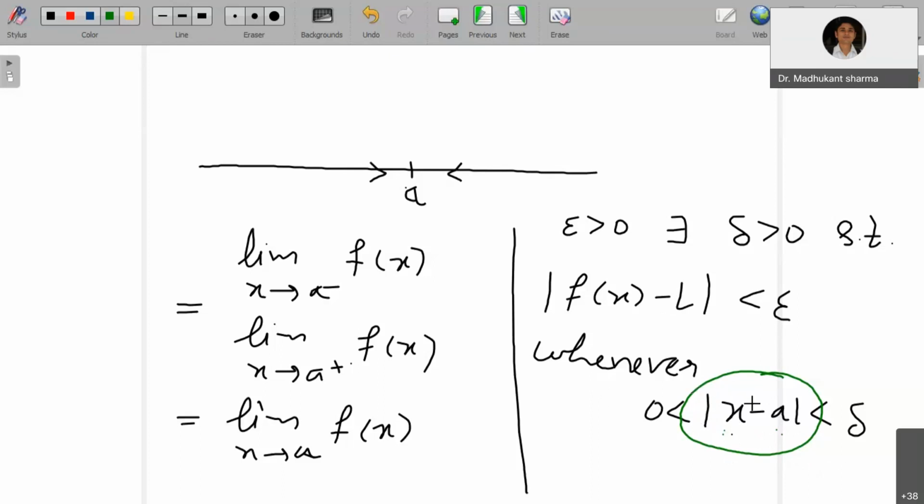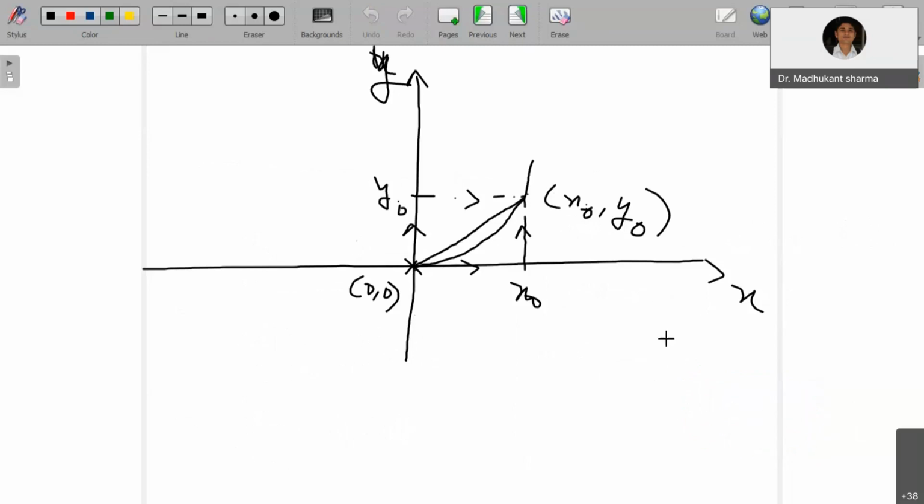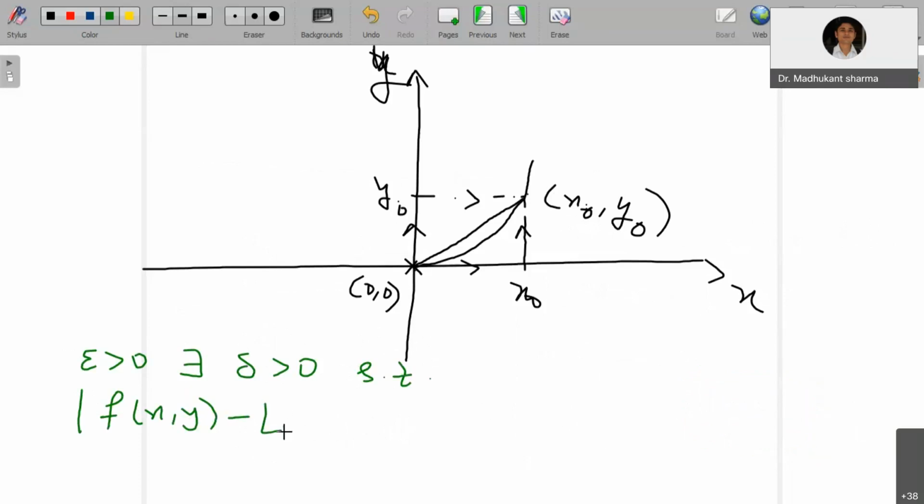I am not going into that, but what I can do is, for a given epsilon bigger than 0, there exists a delta bigger than 0 such that mod of f of x comma y minus L, where L is the limit, is less than epsilon. For every epsilon, whenever 0 is less than the distance.